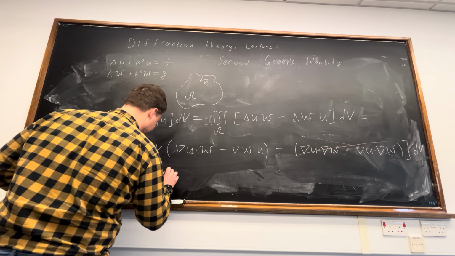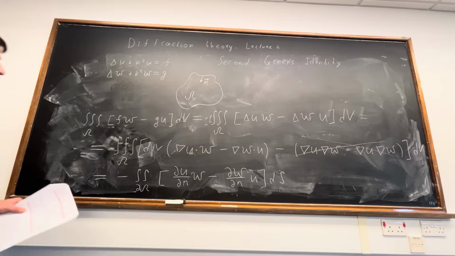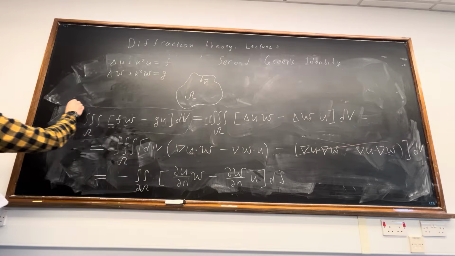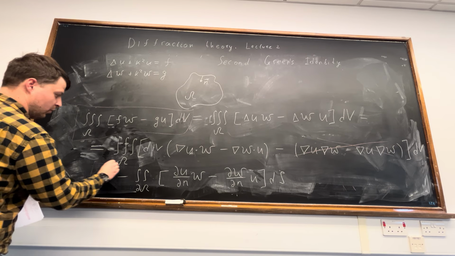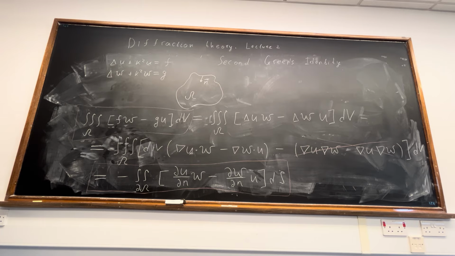And the second Green's identity is this thing is equal to this. This is probably the most important tool you can find in diffraction theory.